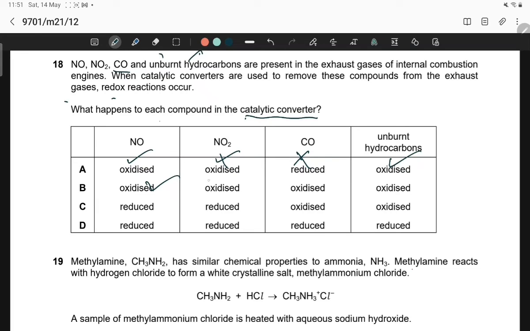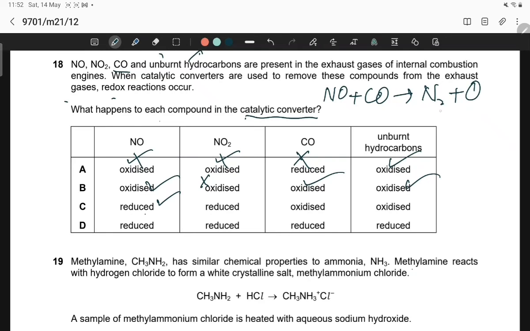Oxidized, reduced, no. Nitrogen monoxide, yes, loss of oxygen. NO2. Nitrogen monoxide can be oxidized as well as reduced. So nitrogen monoxide is reduced to form N2.